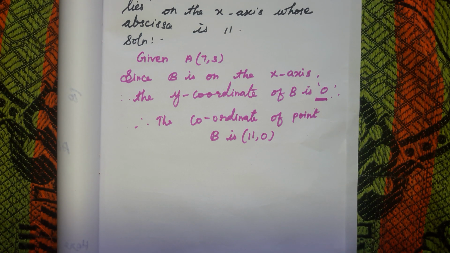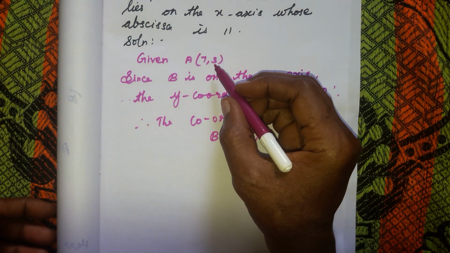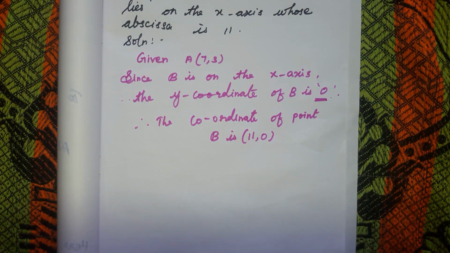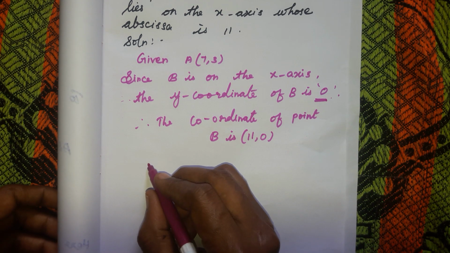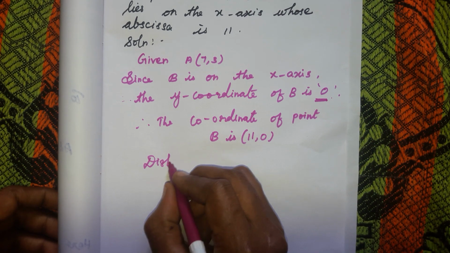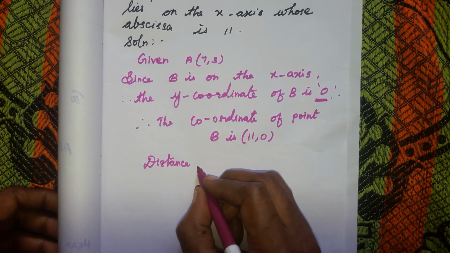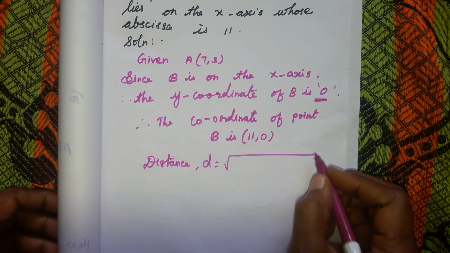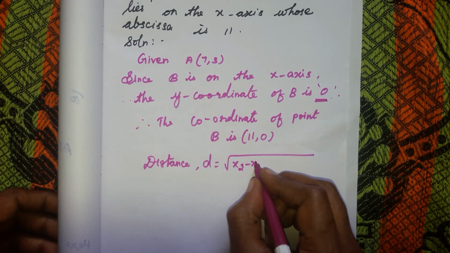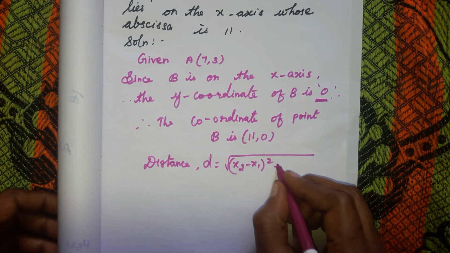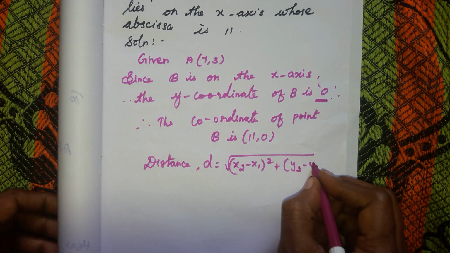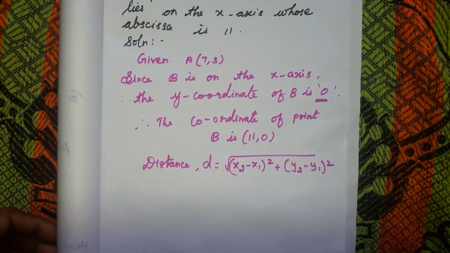Now we know that A is (7, 3), B is (11, 0). Next, distance D is equal to root of (x2 minus x1) the whole square plus (y2 minus y1) the whole square.